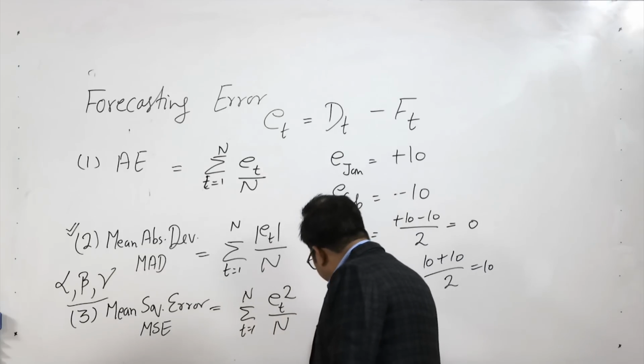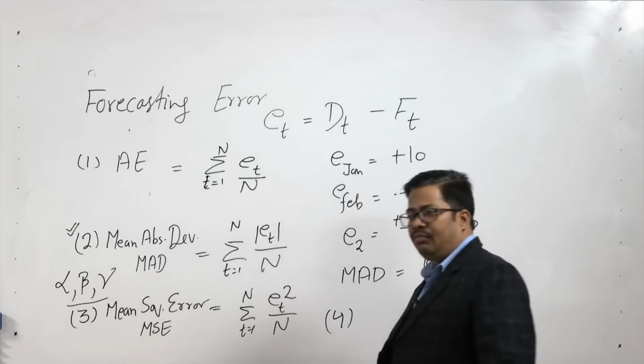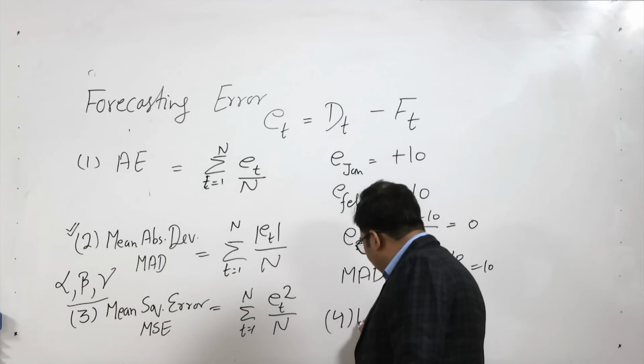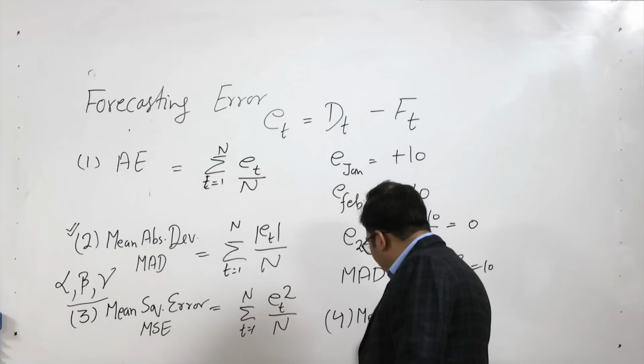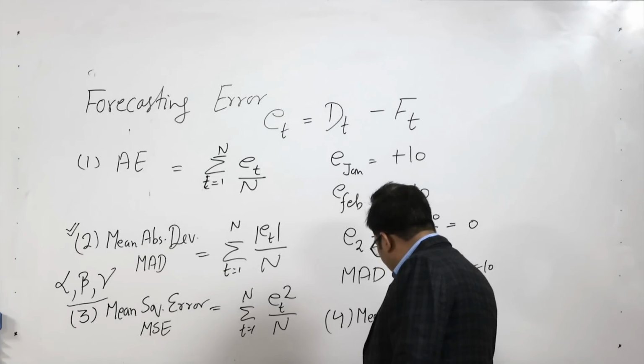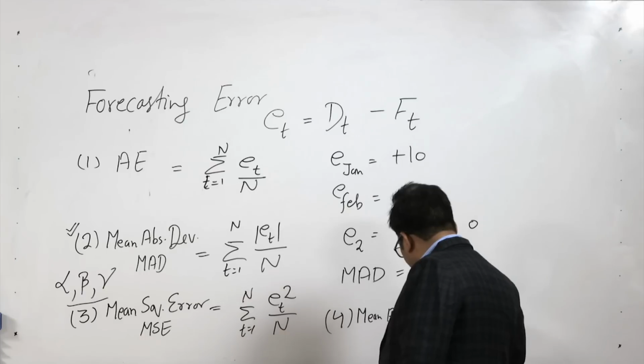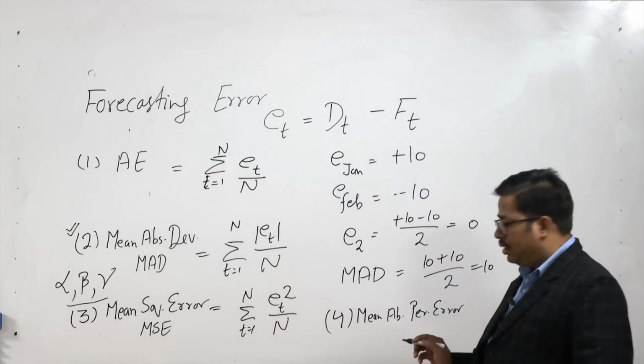Then one more forecasting error measure is there, that is known as mean absolute percentage error, which stands for MAPE.